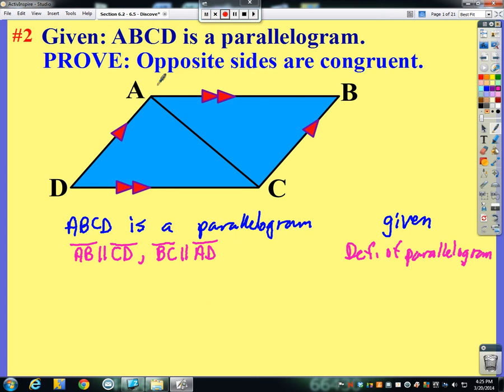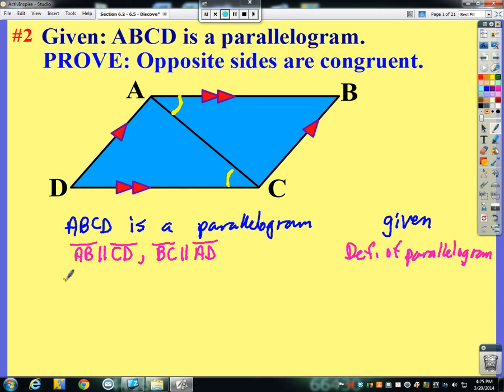So is there anything I could say is definitely true between these 2 triangles, knowing that I have 2 sets of parallel sides? Well, we could say this angle, BAC, and this angle, DCA, are congruent alternate interior angles because I do have parallel lines.